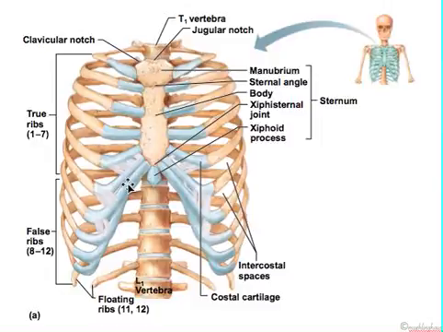They are attached through a cartilage to rib number 7. And then at the bottom we have the 3 floaters. They don't attach to anything. Okay, so that's as far as that's concerned. And now let's keep moving forward. We'll talk about some joints, and then we'll go through the appendicular skeleton.